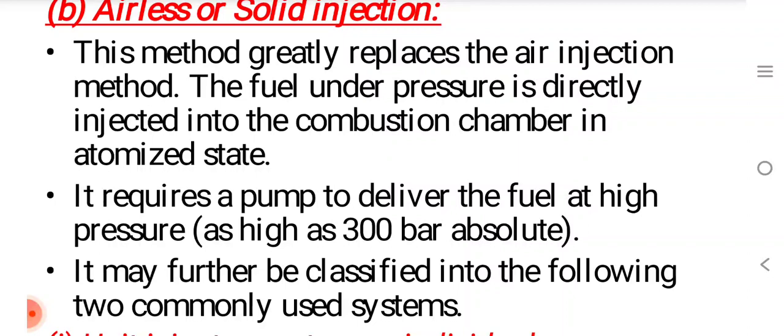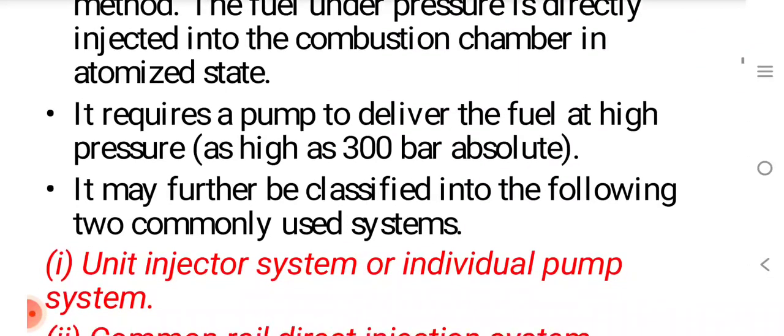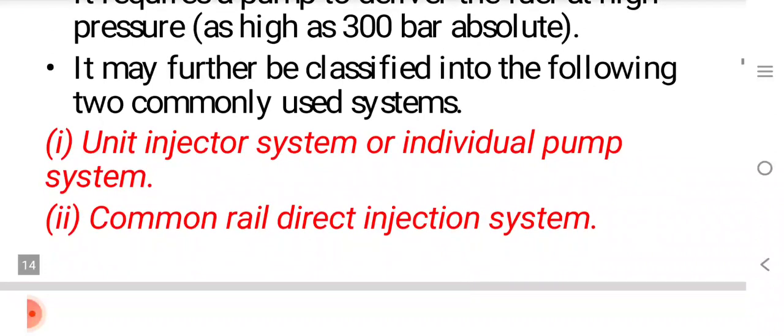High pressure means a minimum of 300 bar. It can be classified into the following two commonly used systems: unit injector system or individual pump system, and the common rail direct injection system.